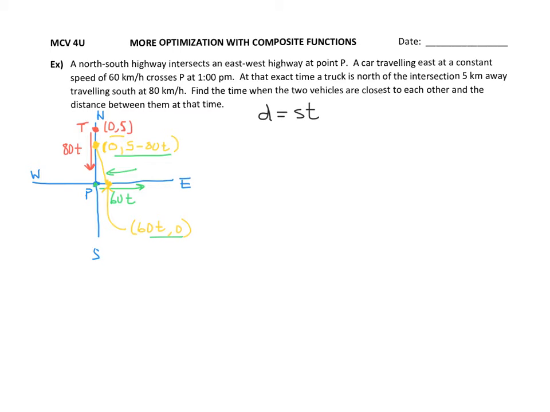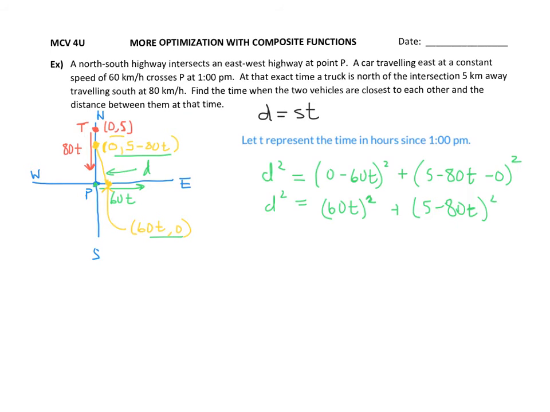So let's first of all put our let statement here: let t represent the time in hours since 1 o'clock. All right, so I have my let statement there. I've also written down my distance formula. I'm using the points that I have in yellow to find the distance between those two particular points, knowing that they're changing based on time.